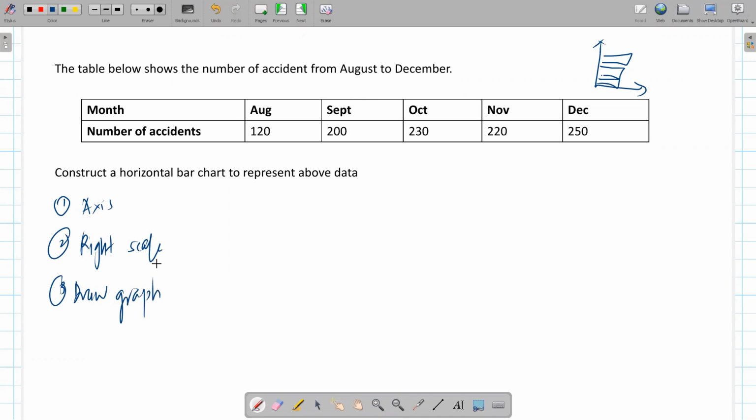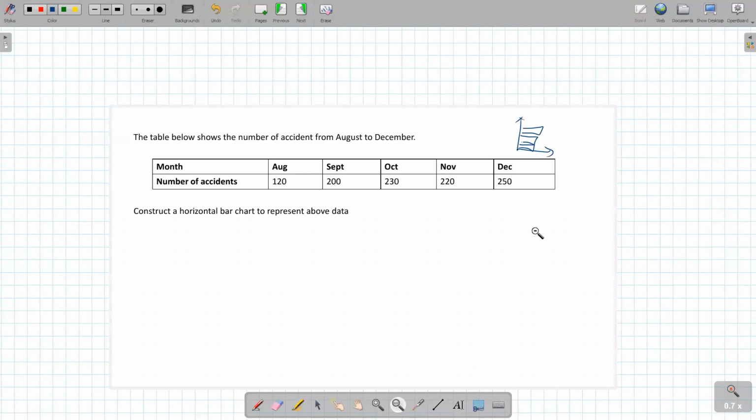Here I will show you step by step how we get there. We will use the grid paper over here to draw the graph.